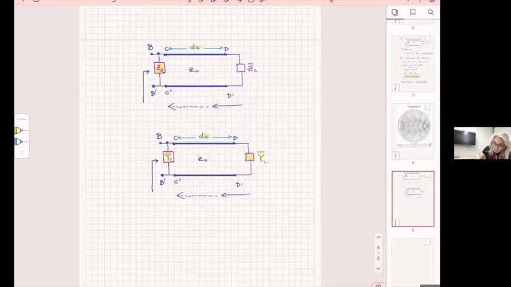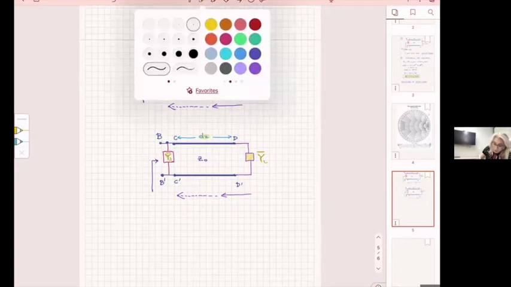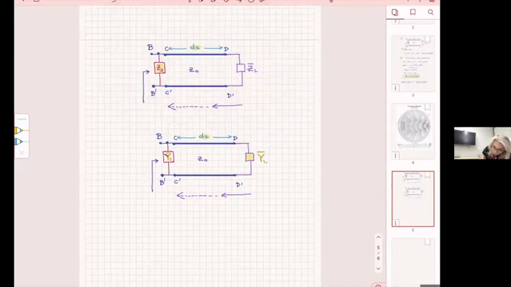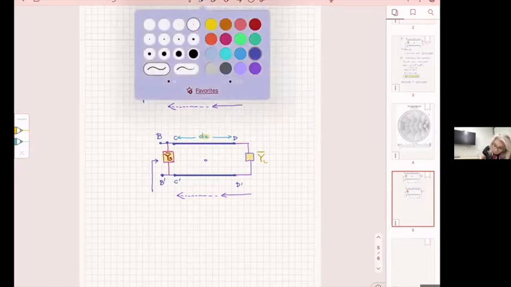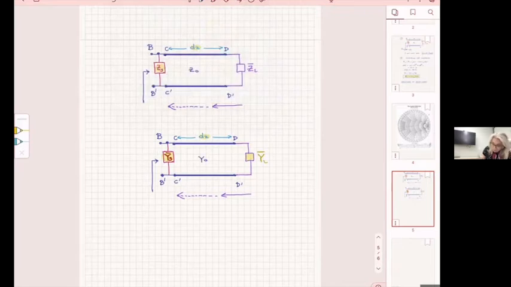Okay, YS. In fact, why do I need to do that in red, since I'm working on this with red. And so here will be that. And instead of Z naught, obviously, I have Y naught. And everything is normalized with respect to Y naught. Okay, so I go from here to there, just because the stub is in shunt configuration.